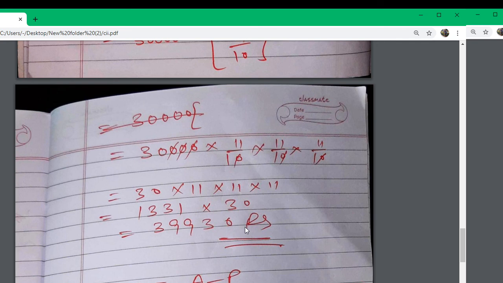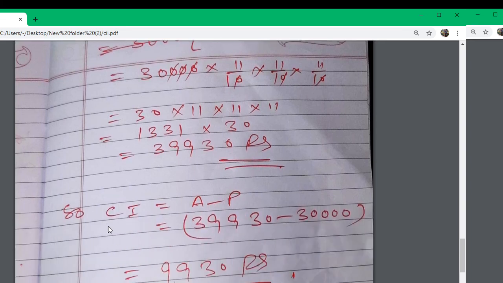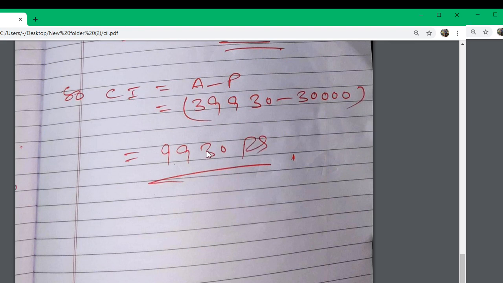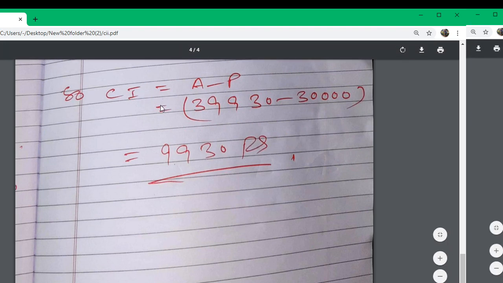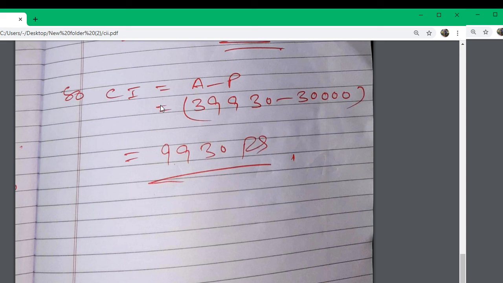As you have to calculate the compound interest, you know well that compound interest is equal to A minus P. This is our amount, so I have subtracted it from the principal. Finally we get the answer 9930. This is the answer of your question number 17.